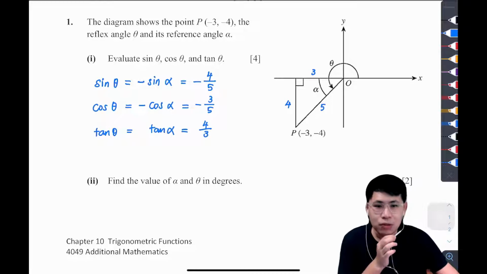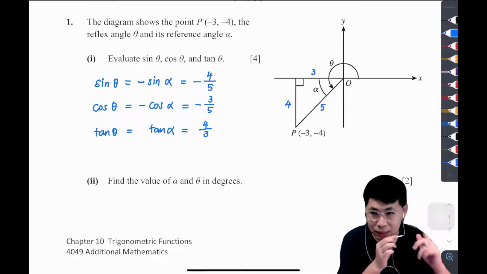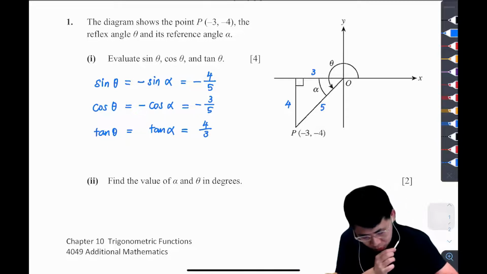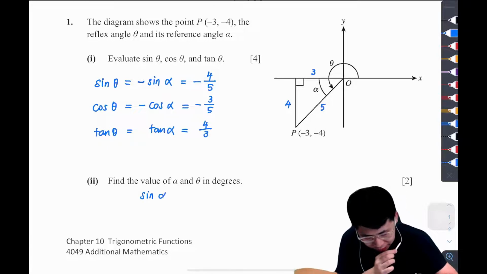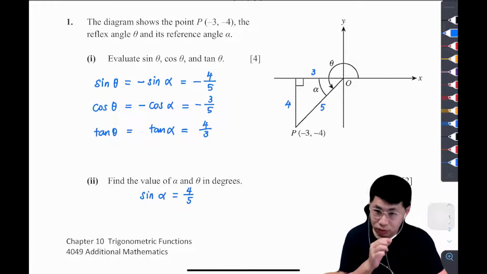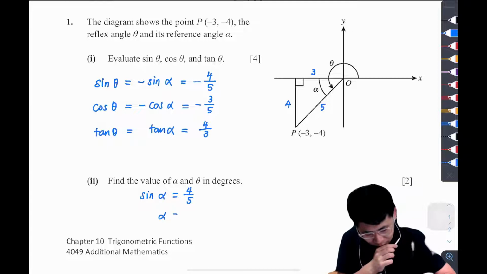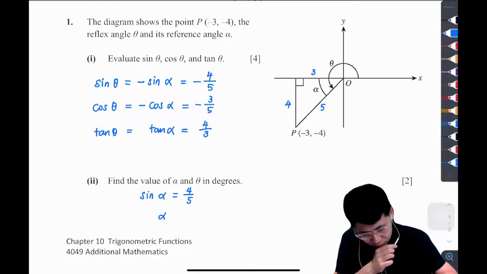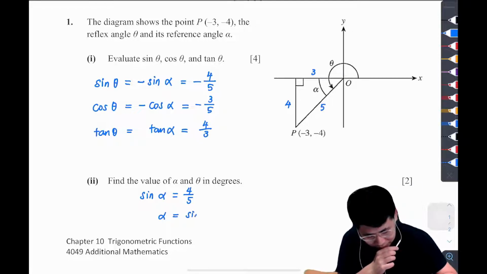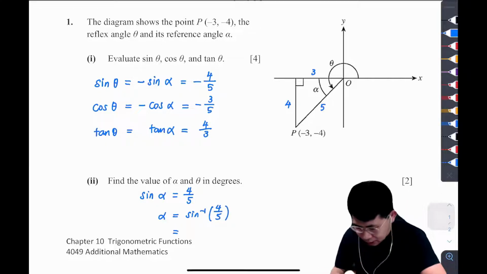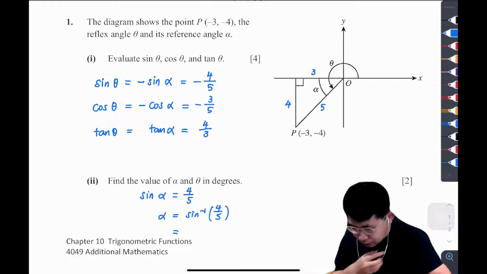This will build our foundation for the later part when we solve for angle. We can use sine, cosine, or tangent, either one, but sine alpha is 4 over 5 based on that small right angle triangle. So alpha would be sine inverse of 4 over 5.